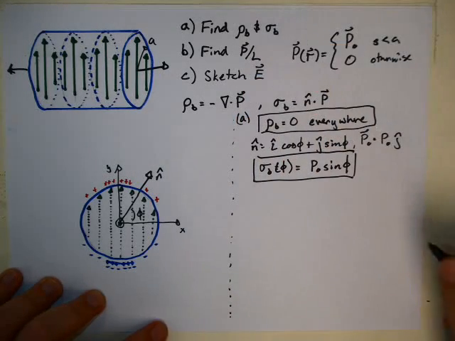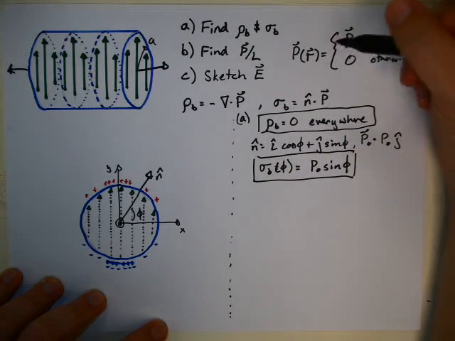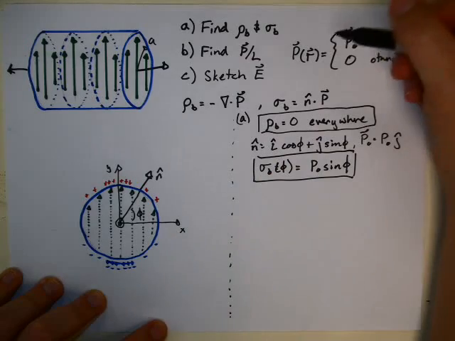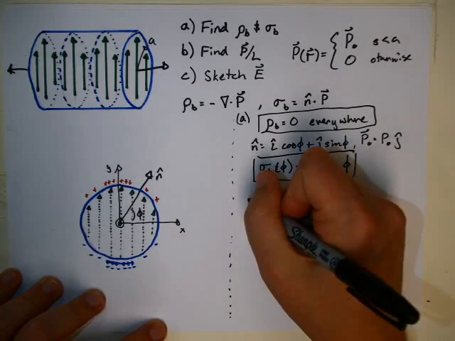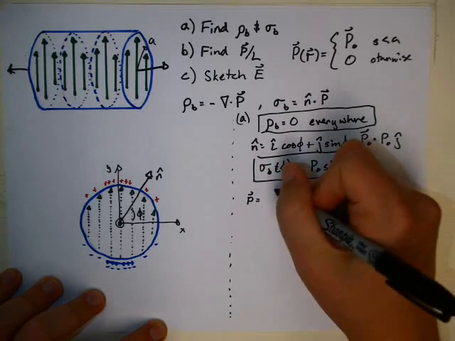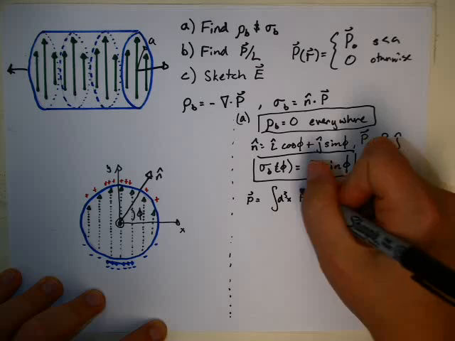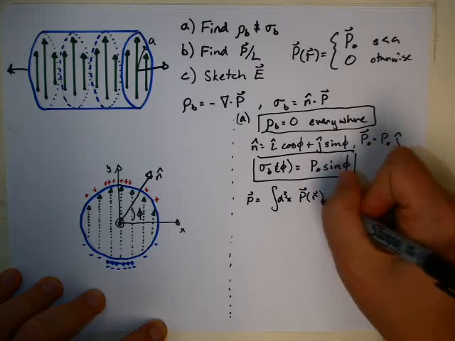For part B, we want to find the dipole moment per unit length. The dipole moment, all we have to remember is what the definition of our polarization is. The definition of our polarization is dipole moment per unit volume. So the total dipole moment is going to be simply the integral of d3x times P of r.